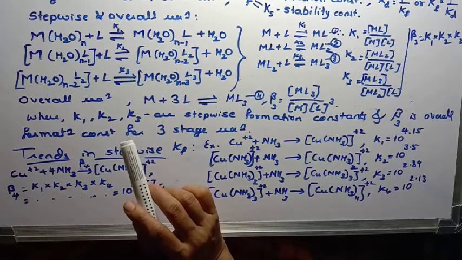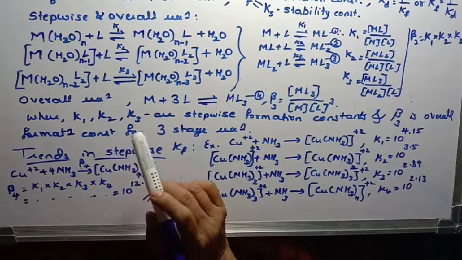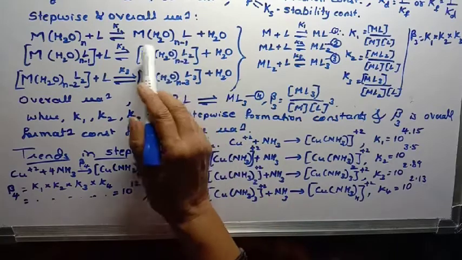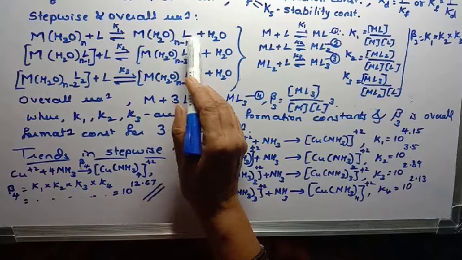Now the second one is the steric factor. Suppose the ligand is a bulkier group like NH3.